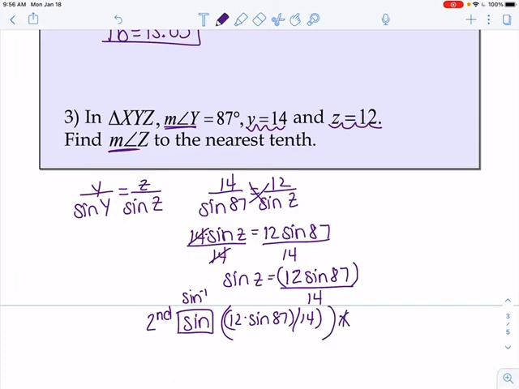If you type it in exactly like this, it should spit out your answer, and that answer should come out to the nearest tenth of 58.9. Again, please play along. Make sure you're getting those answers on your calculator.